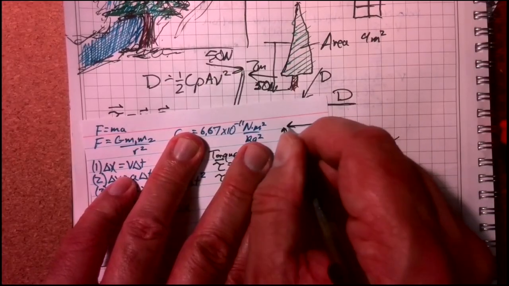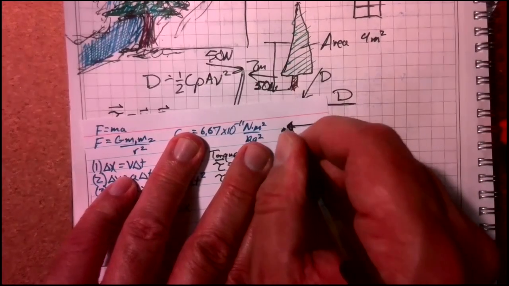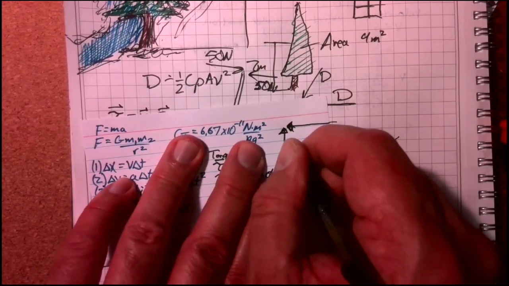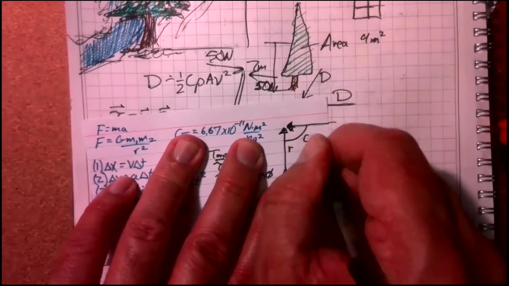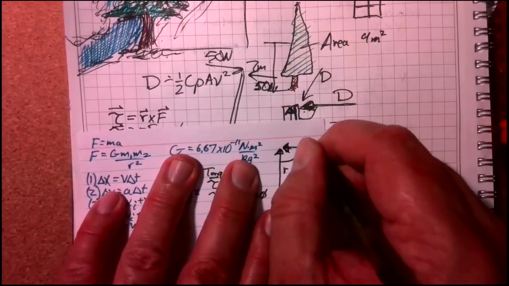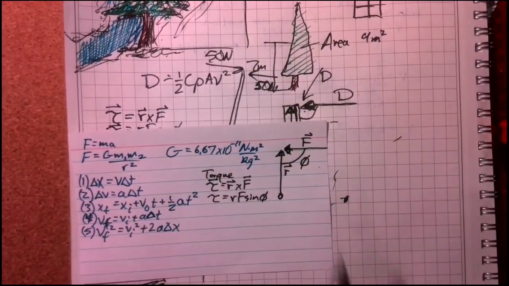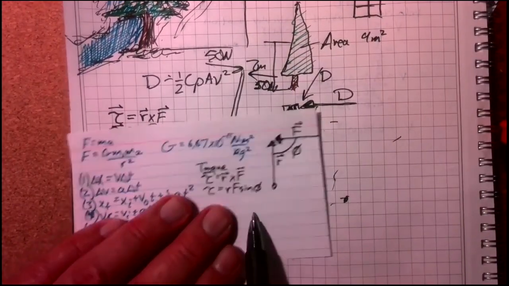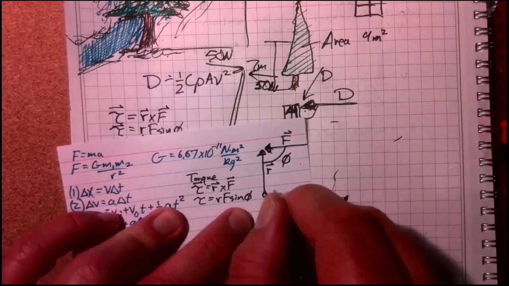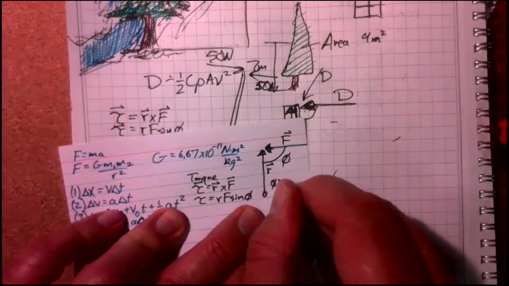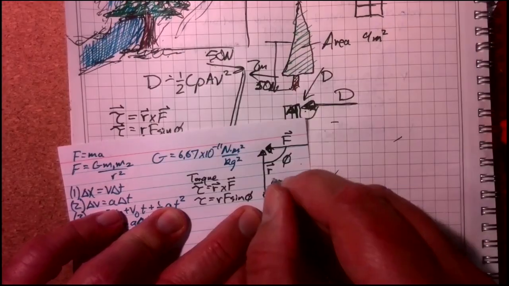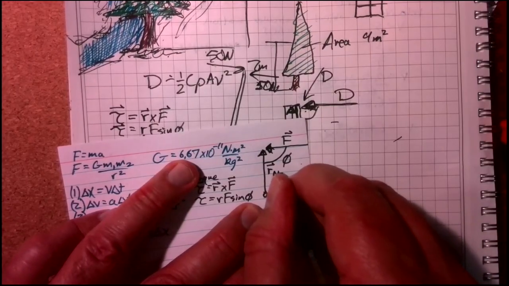Here's r, this is F. So this angle here, that is phi. This is F and this is r, and there's my angle. Here's my equation, and so at phi equals 90 degrees, we're gonna call this max torque.